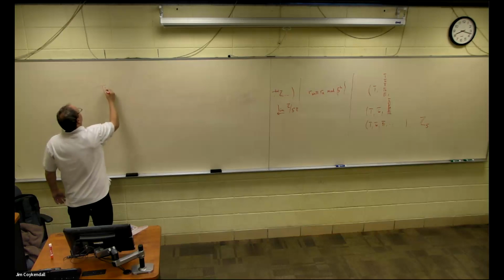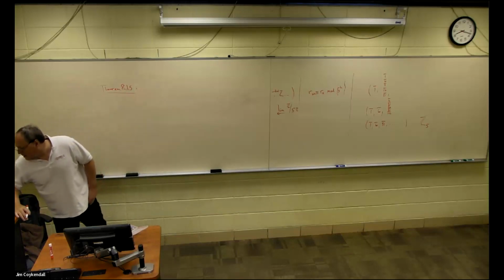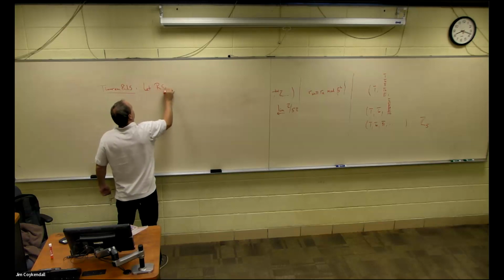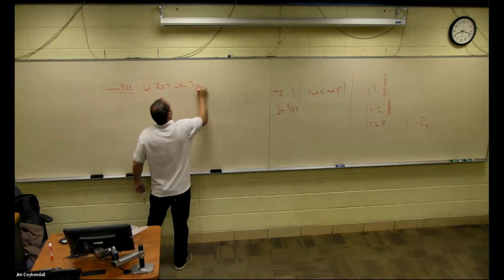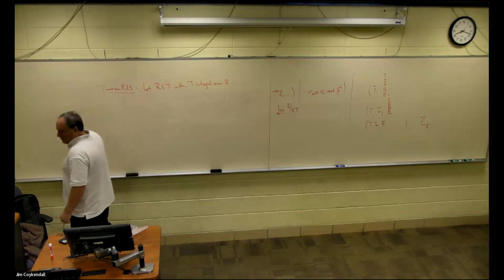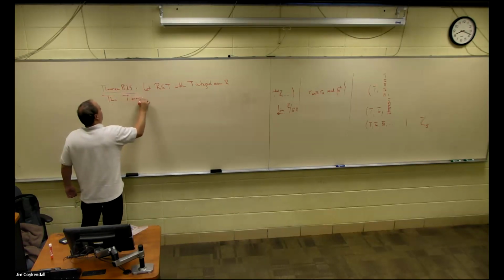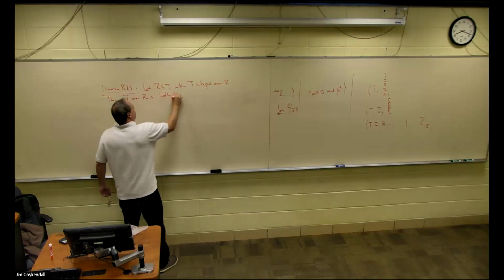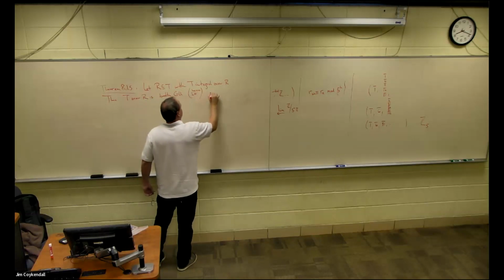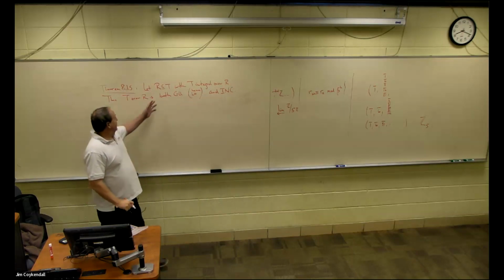Here's the theorem: let R inside T be an extension of rings, with T integral over R. Then T over R is both going up and INC. This is the big connection to integrality, one of them anyway.